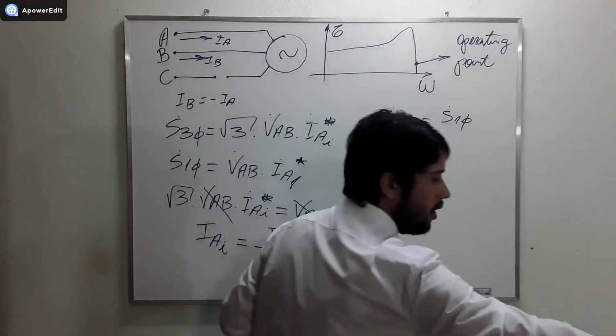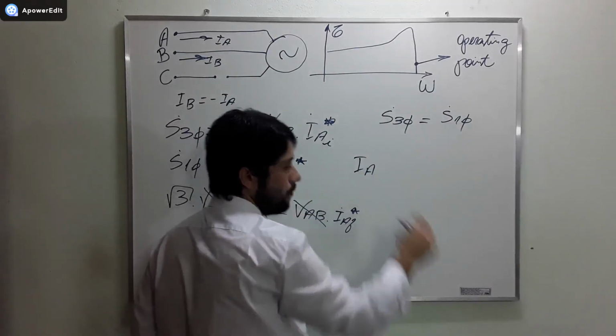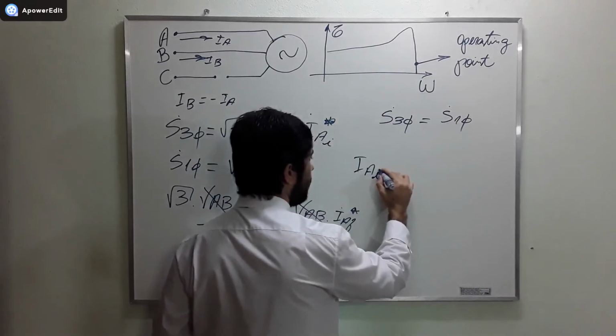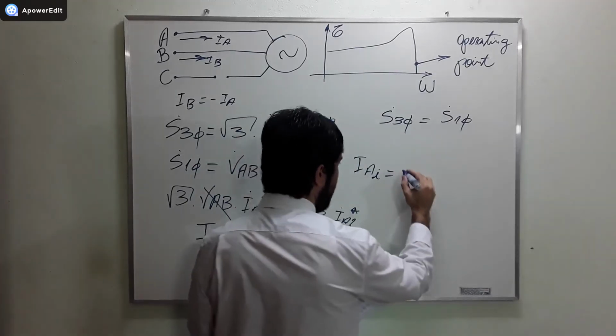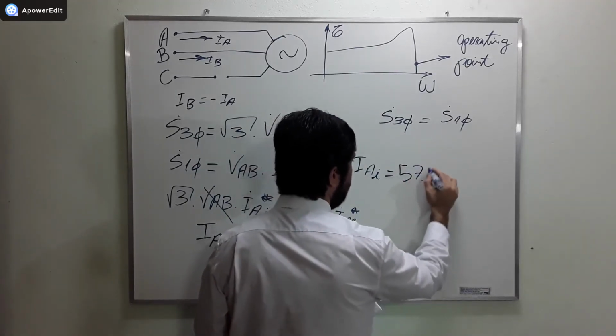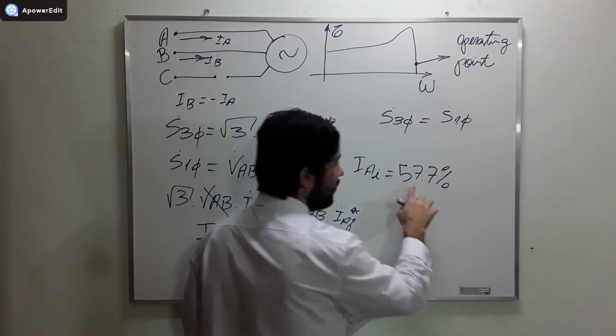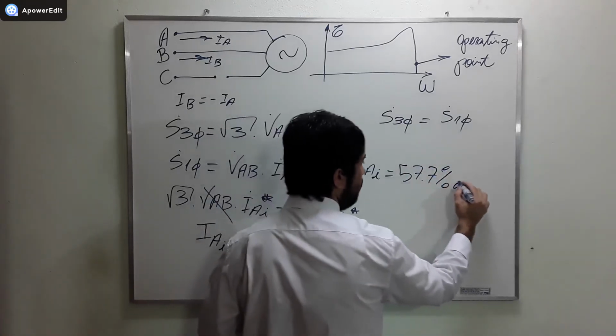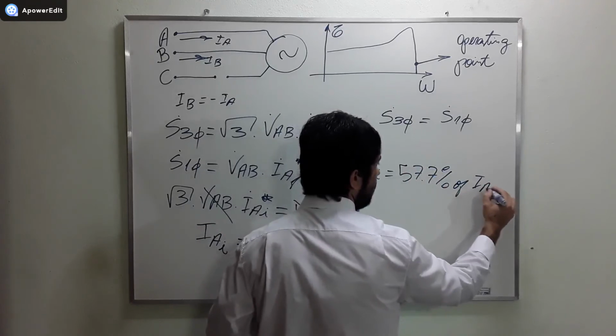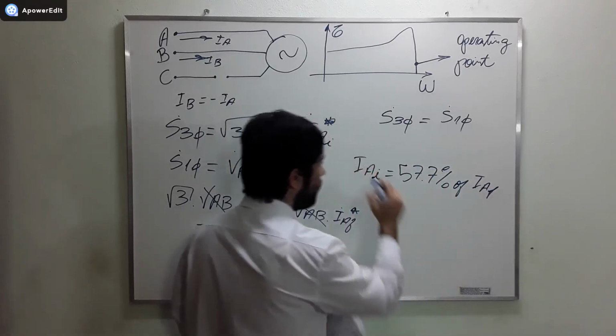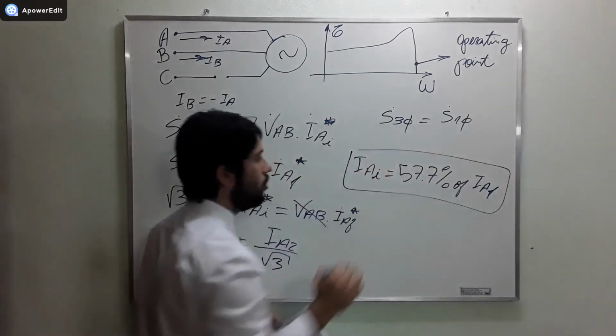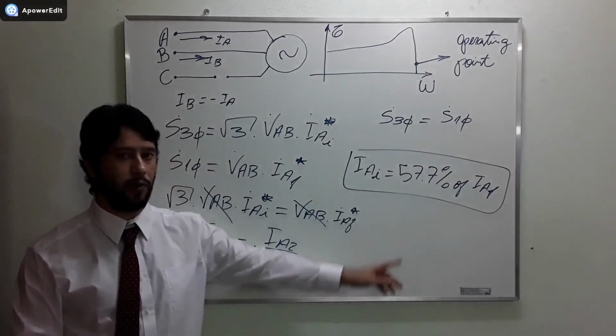And then we ultimately reach that the initial current is equal to 57.7% of IA final. Okay? So, what is the conclusion that we arrived at?